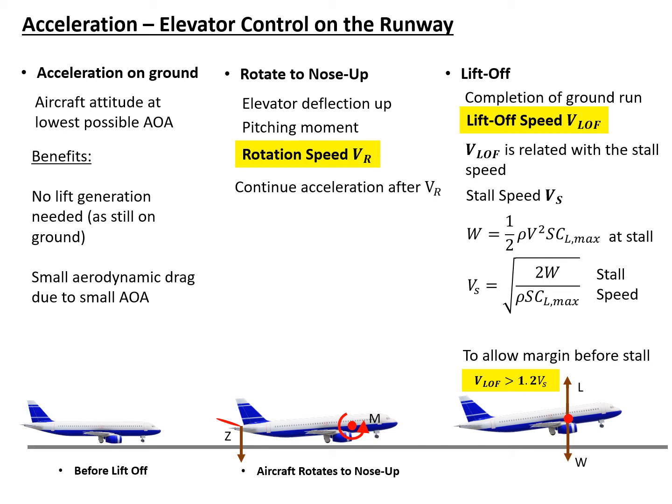So we use its borderline magnitude CL max, and on the right hand side is lift, which equals the weight of the aircraft. And then we can make the speed explicit, and we call this speed stall speed. So to maintain some margin before stall happens, the liftoff speed should be larger than 1.2 times the stall speed.